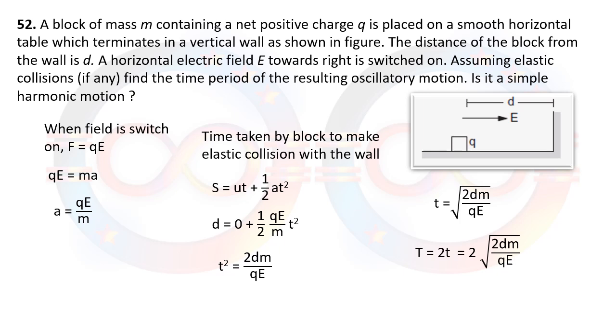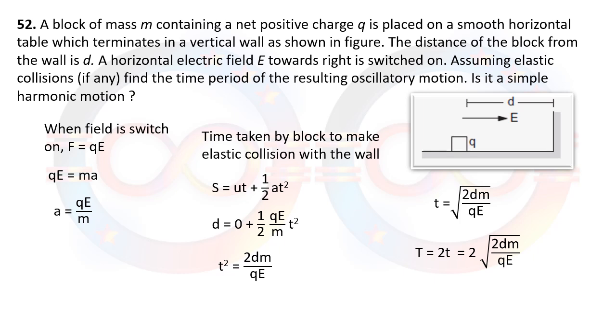The collision is elastic, it means it has to come back. And then because the electric field again is pointing towards the vertical wall, it would reduce its speed. Momentarily it will come to rest from where it has started, and then again it will move towards the wall. Again after hitting, because the elastic collision is there, it will come back.